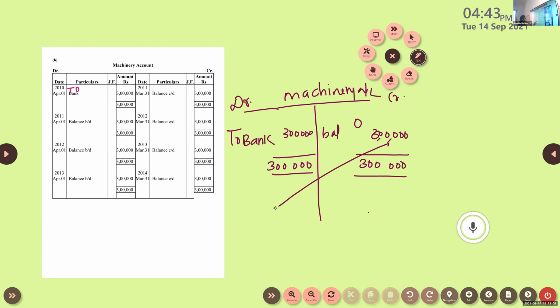This 3 lakh will come to the next year, brought down. So this is balance carried down, and here balance brought down, BD. That will be again 3 lakh. Now nothing is there over here, again 0. Balance it. Again you will have 3 lakh itself. So please do it for 4 years of time.